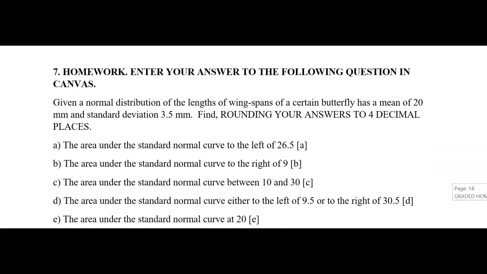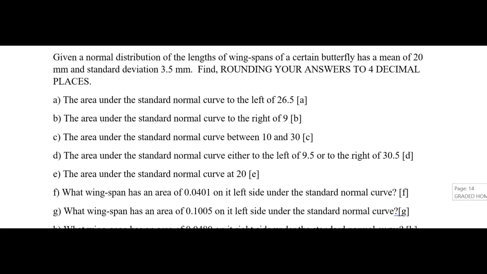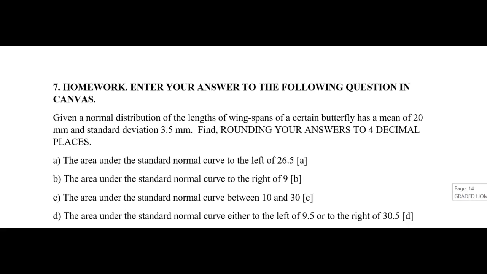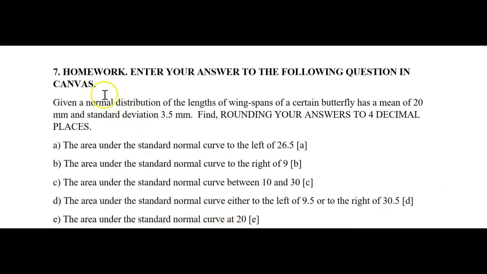All right, so for homework, you don't have any classwork. We did a lot of practice already. So this is the homework. Remember, this question is in Canvas. You will complete this question in Canvas. Remember, on homework, you have 2 attempts, and you get to keep the higher score.